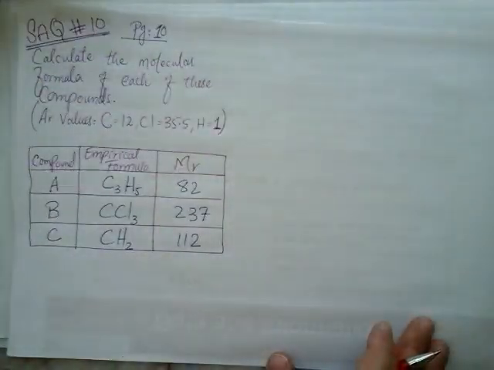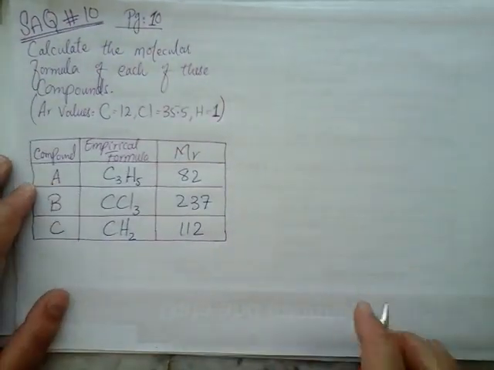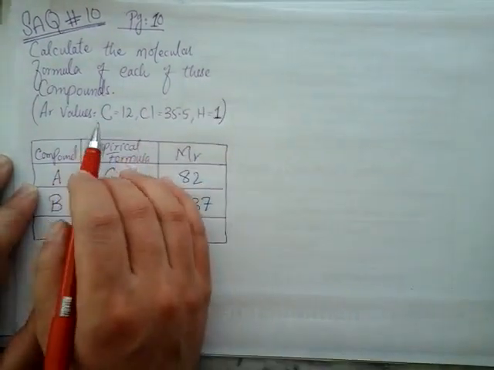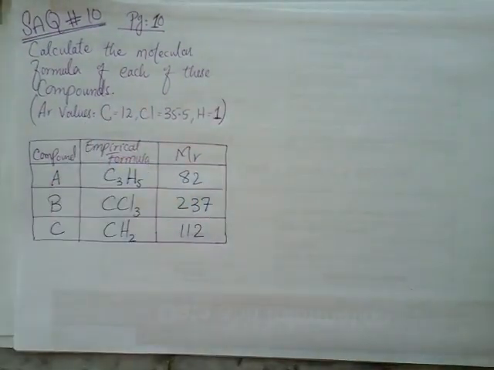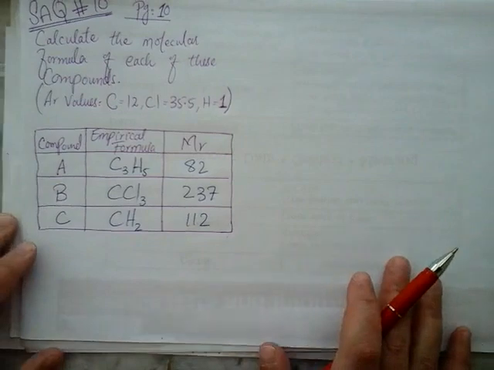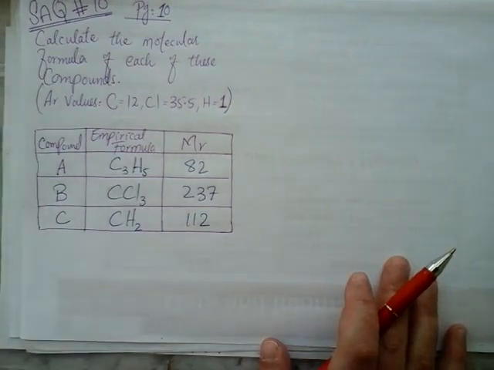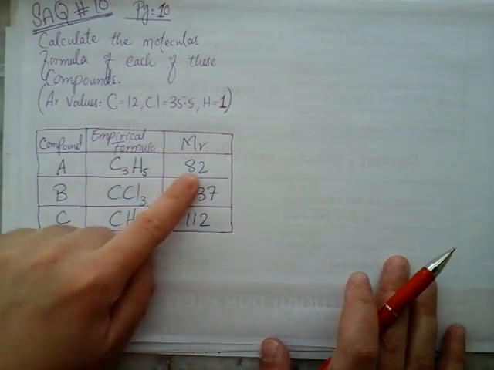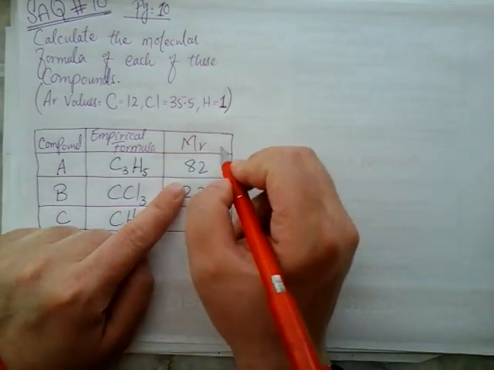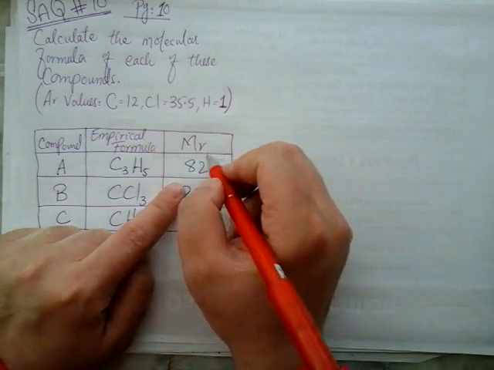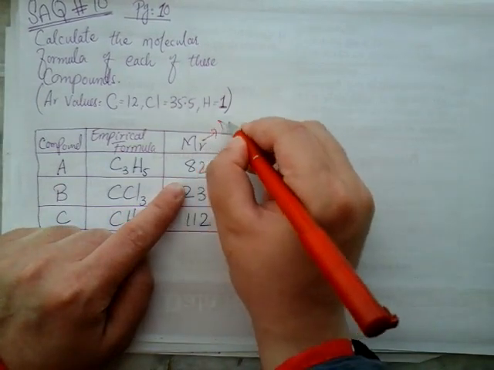In the same way, there is a very important question and a very lengthy question as well. You have to find the molecular formula of each of these compounds. A table is given for you, and there is no percentage composition, there is no gram weight. Simply they have given you the empirical formula and molecular formula. Mr means molecular formula mass.